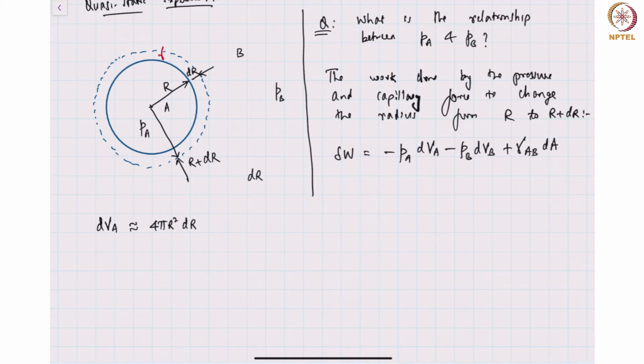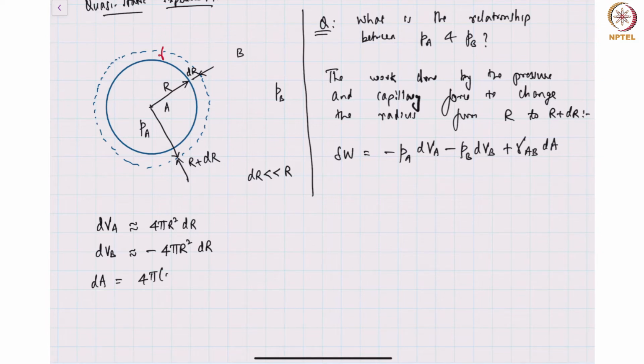Here we are assuming that dr is much smaller than r. Similarly dVB would be exactly the same but with a minus sign. As shown in the figure, the volume of A is increasing and the volume of B is decreasing, therefore there's a minus sign. I can similarly write down the change in the area.